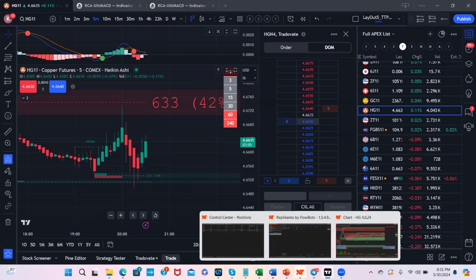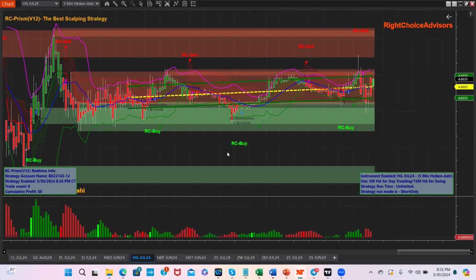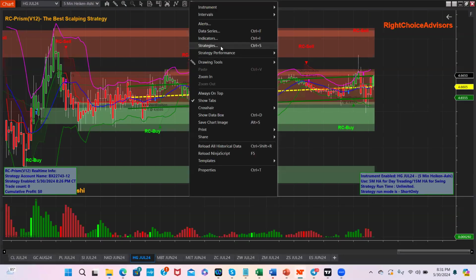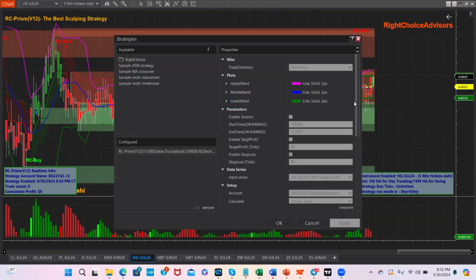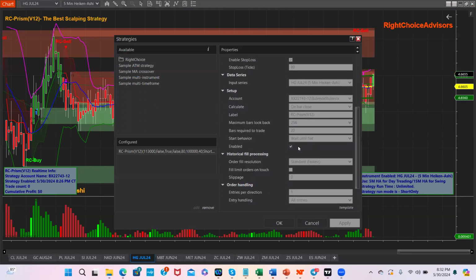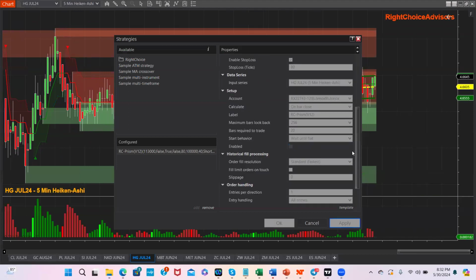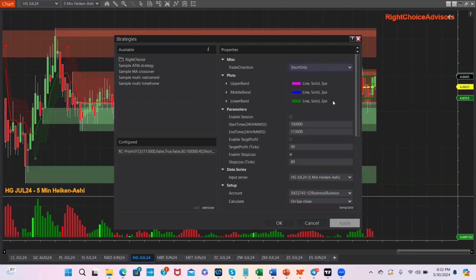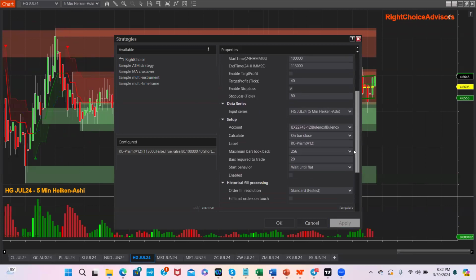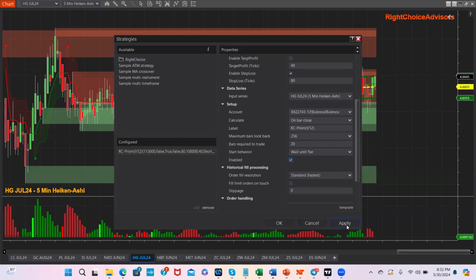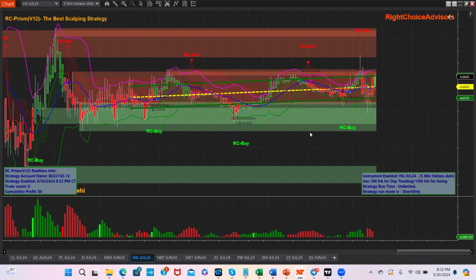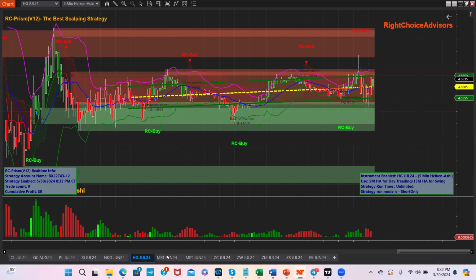So we can enable short only. We have short only on copper.